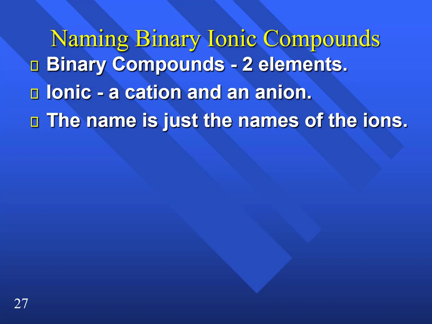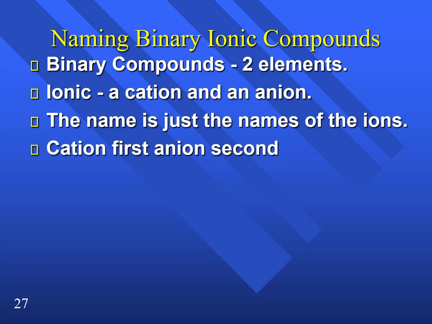Because the name at the end was just the name of the ions. If I put together aluminum ions and chloride ions, I get aluminum chloride. And you drop ions because now they don't have a charge, because compounds are neutral. Always put the positive piece first, cation first, anion second, metal first, non-metal second.